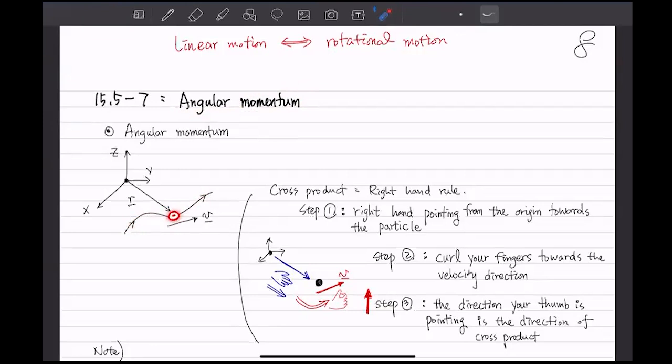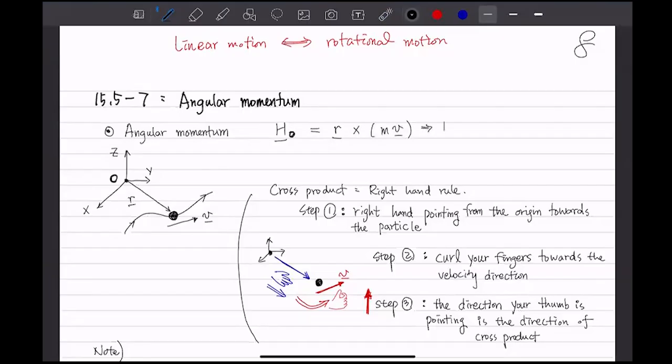If you take a snapshot of it, and it has a velocity like that, then the angular momentum at that moment is defined as a term h, a vector with respect to a certain location, say O in this case. That is going to be the position vector r cross product mv.